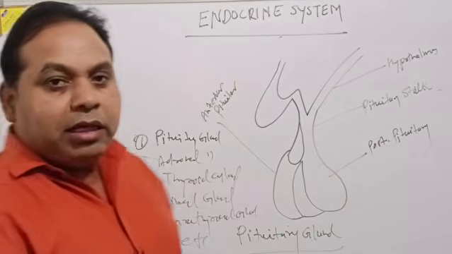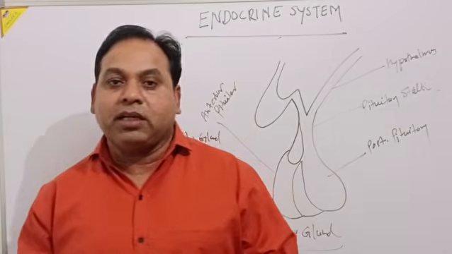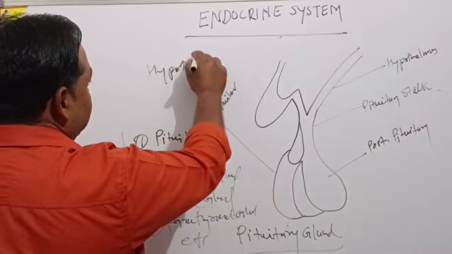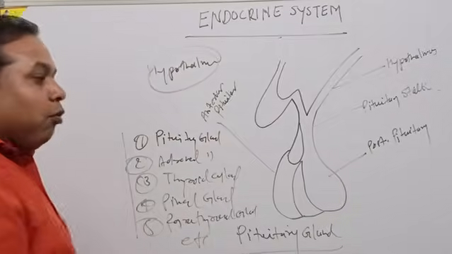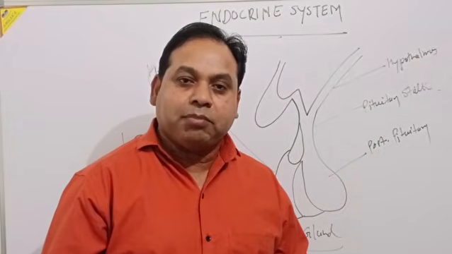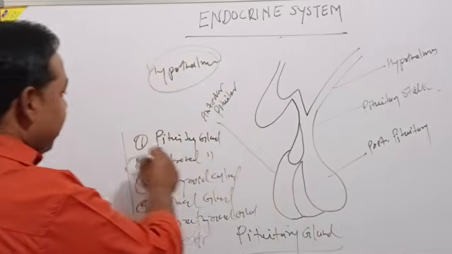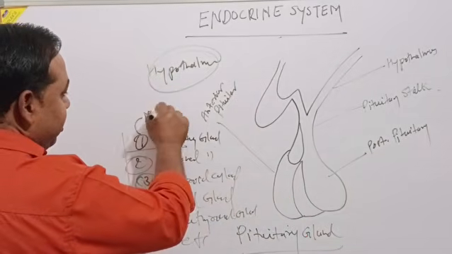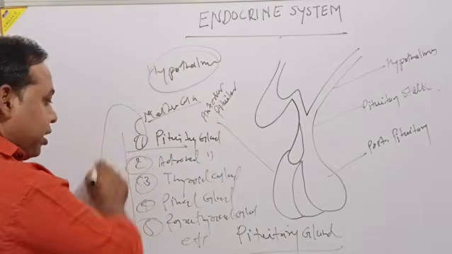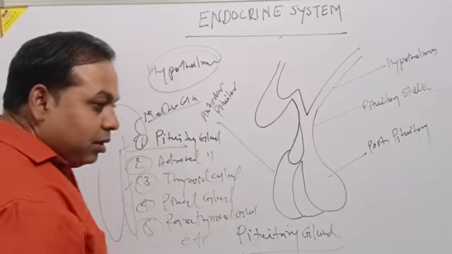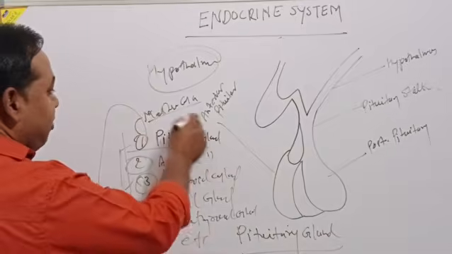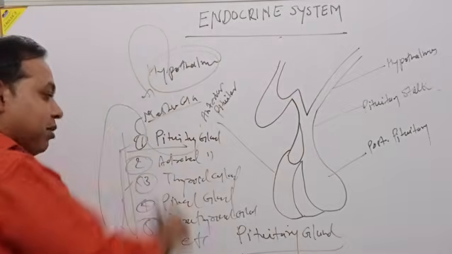There is one important structure inside the body, that is the hypothalamus, which is present in our brain. The hypothalamus is called the master of the master gland, and the pituitary is the master gland. This gland controls all the other glands of your body, but the pituitary is controlled by the hypothalamus.